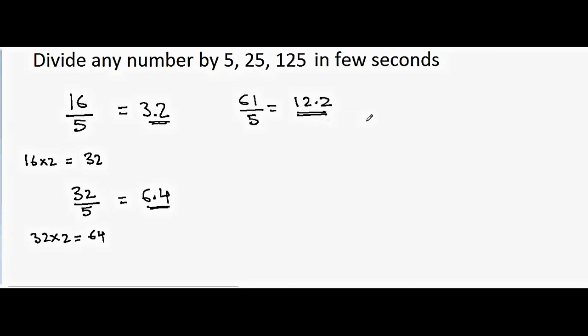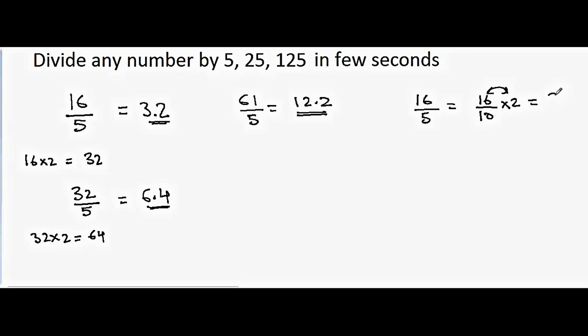So how did I come up with this trick? It's not magic, it's just a simple trick. Suppose I have 16 and I want to divide by 5, that is equal to 16 divided by 10 over 2. So what I'm doing here is multiplying by 2, and then putting a decimal because I have a 10 in the denominator.